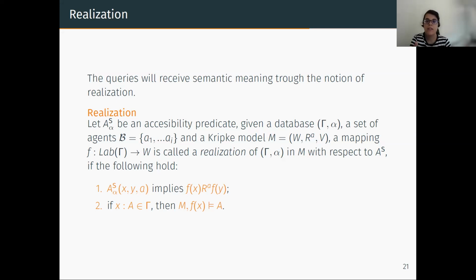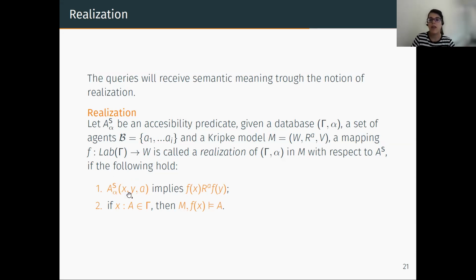What we are going to have is a map that relates each label to a world from the model. This map is going to be called a realization of the database in the model with respect to the accessibility predicate if the following holds.